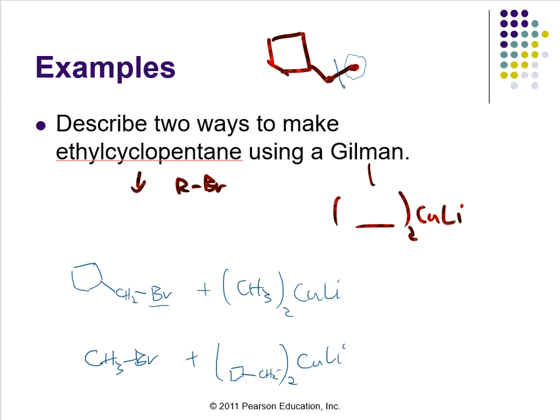All right, so I'm going to draw this maybe a little bit better. Cyclopentane with a CH2. So there's 2 options. There's 2 ways to make ethyl cyclopentane using a Gilman. We actually went through 4, but the first 2 were just a little weirded out on us because they were secondary based.